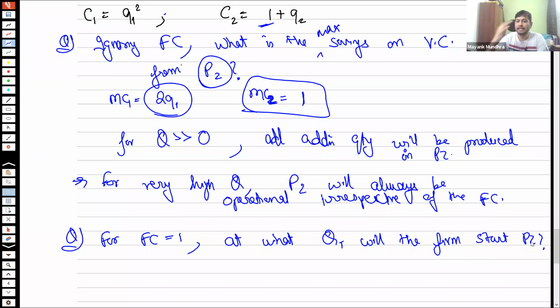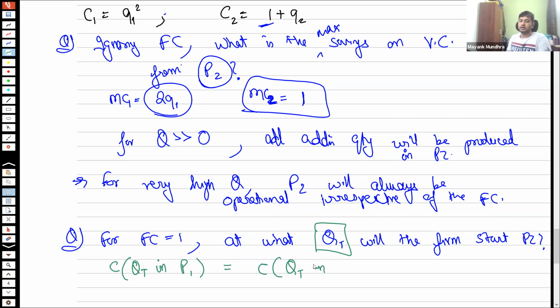At what quantity will it first start plant 2? When it decides to start plant 2, the cost of producing quantity QT in just plant 1 should be equal to the cost of producing quantity QT in plant 1 plus plant 2.